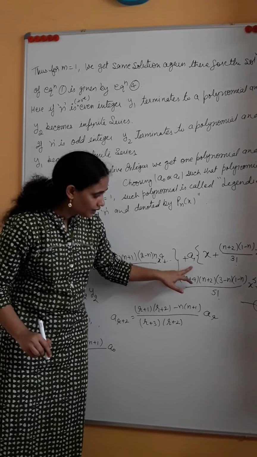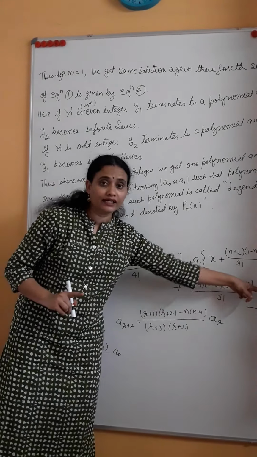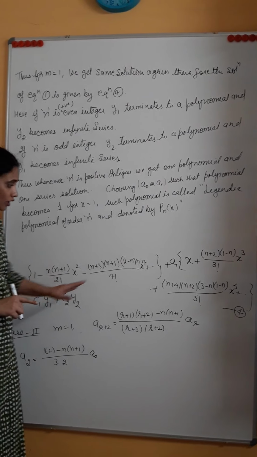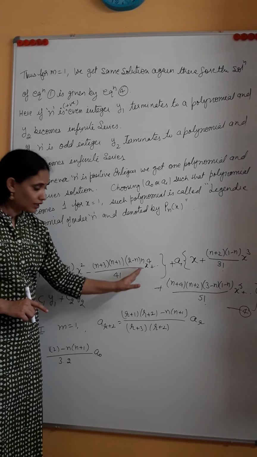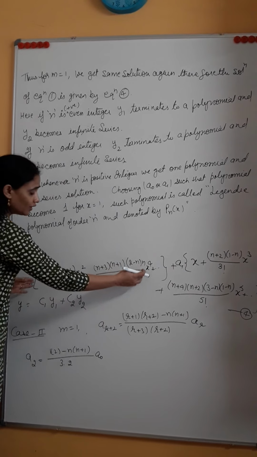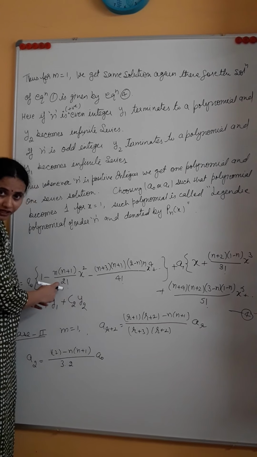And what will happen here? For n equal to 2, this will be a never-ending series, it will not terminate. If I take n equal to 4, up to this term I will have terms, and after this all the terms will be 0. So it will end up here. That means this is a polynomial, not an infinite series.